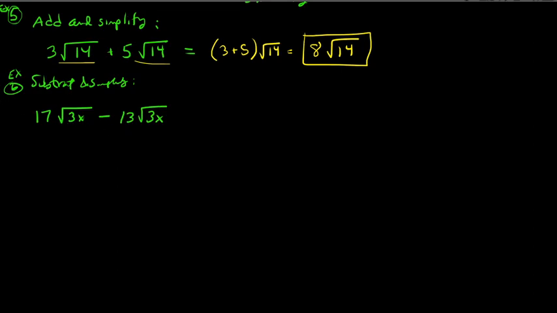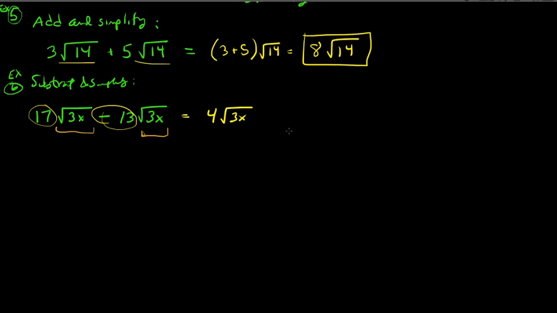Well, the square root of 3x and the square root of 3x are the same, right? So these are like radicals. And because of that, we can just subtract the 17 minus the 13, which is 4. So 4 times the square root of 3x.